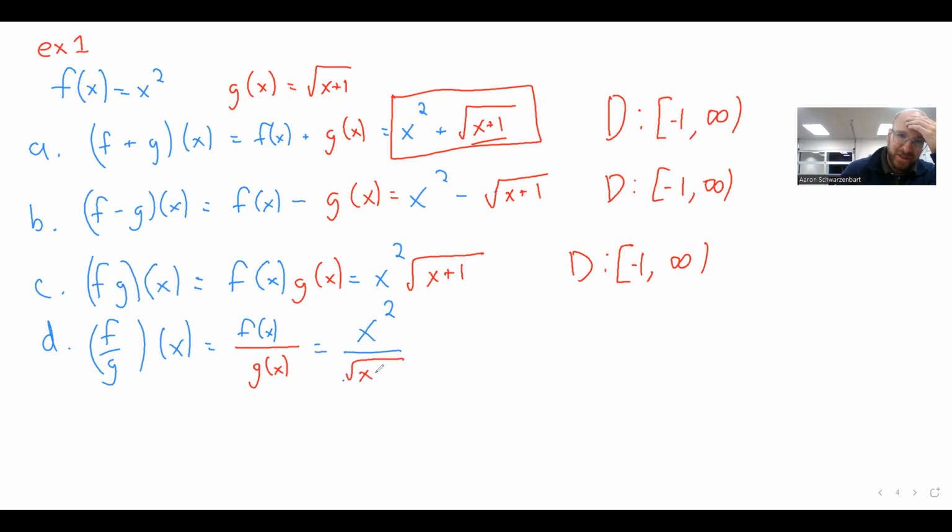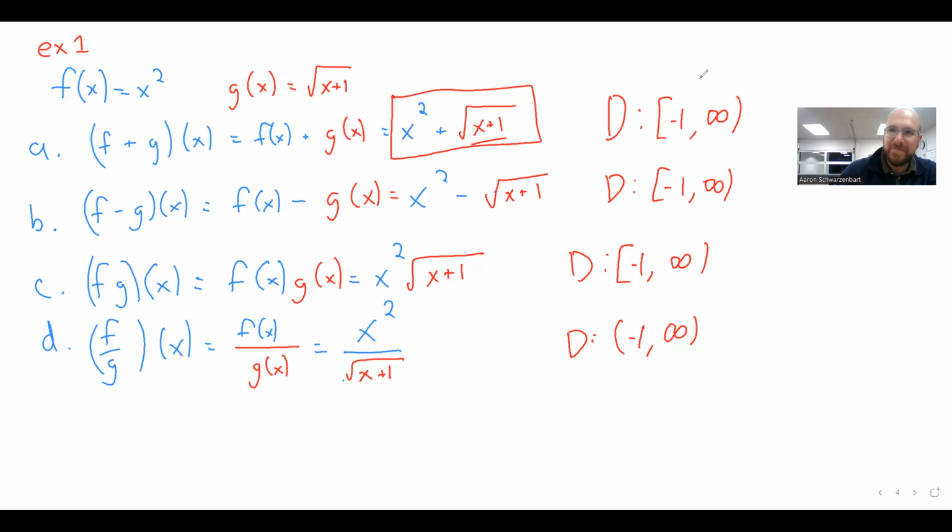But I also cannot have it equal to 0. And so the square root has to be larger than 0. This one no longer includes the -1, like the ones above it did with the bracket. It is strictly larger than -1.